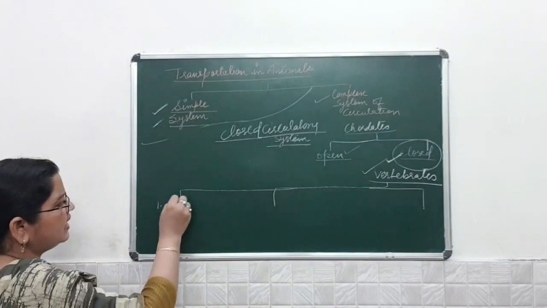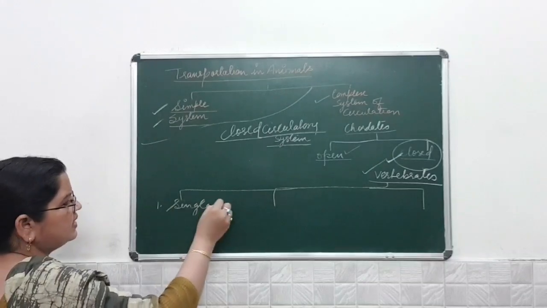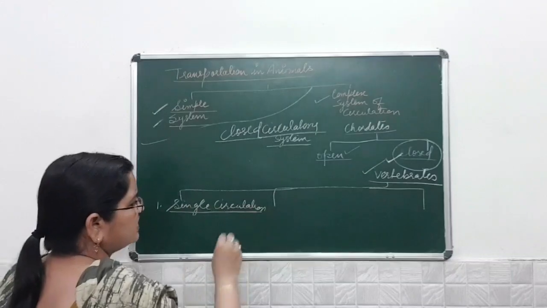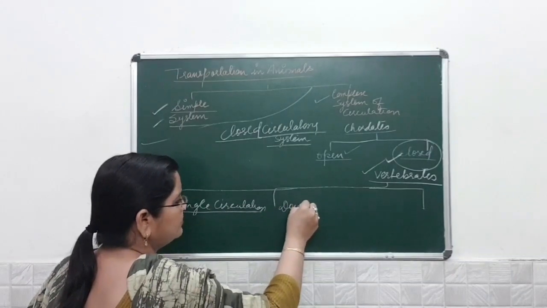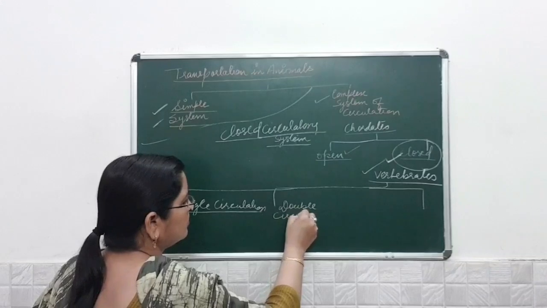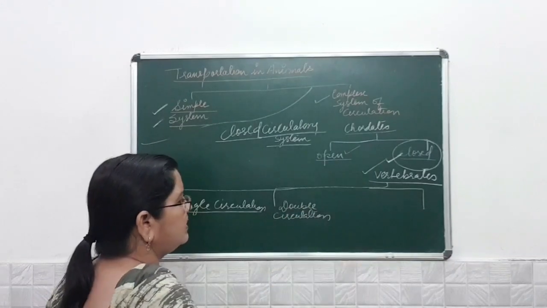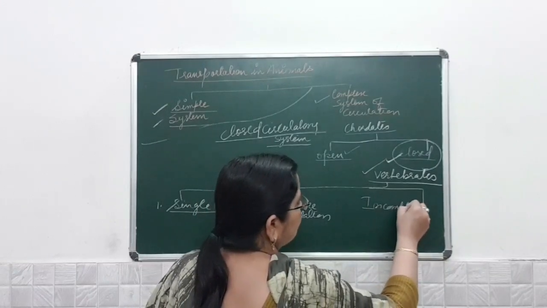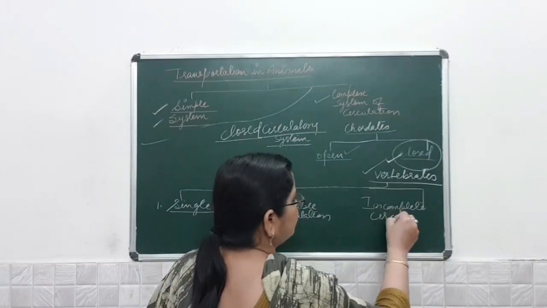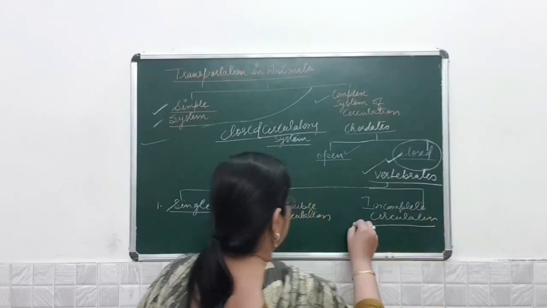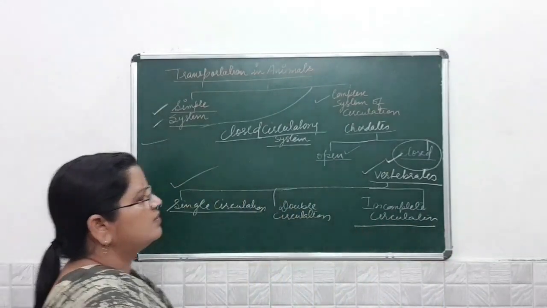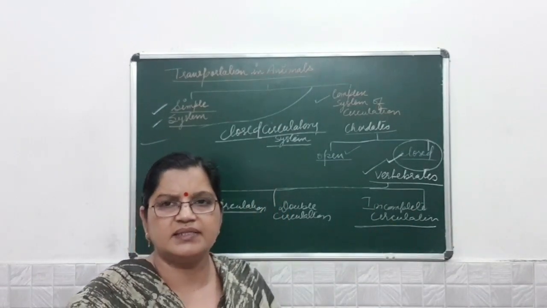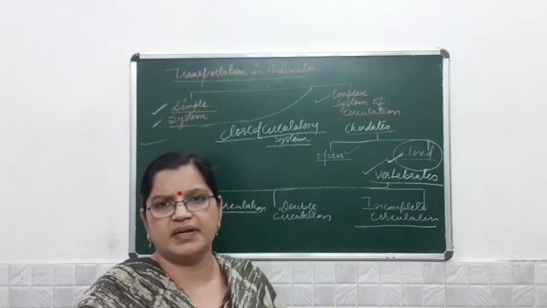First is single circulation, second is double circulation, and third is incomplete circulation. So let's discuss the different types of closed circulatory system in different vertebrates.